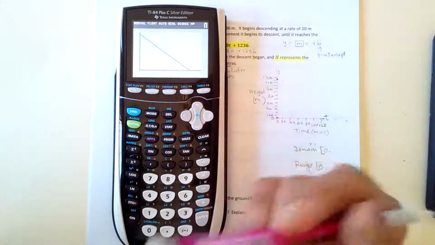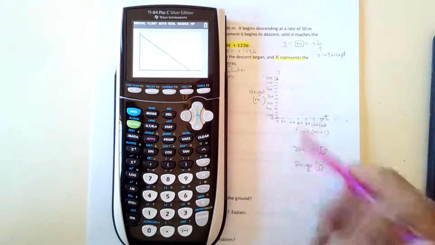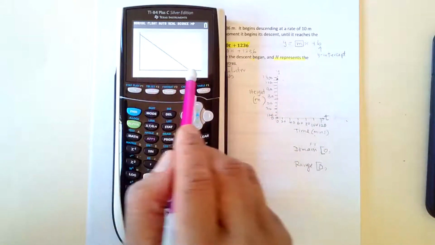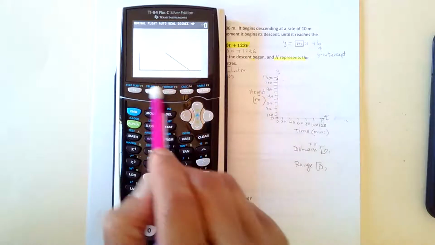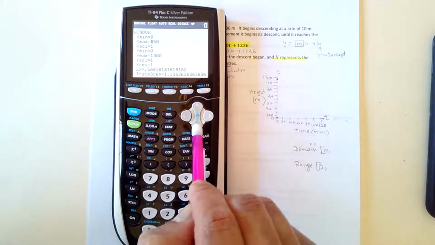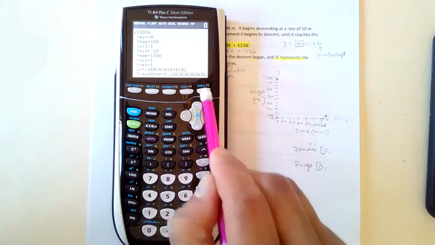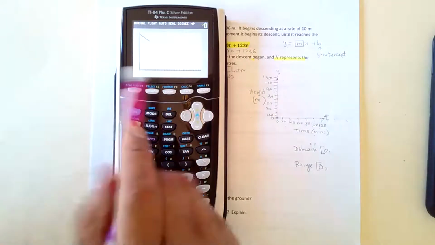Now, if you would like to see a graph a little bit more, if you're uncomfortable seeing just the dotted line, you can extend your window somewhat to maybe negative 10. That will give you a little bit of your graph below.